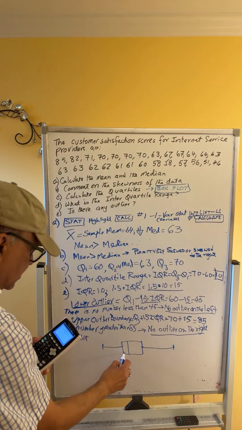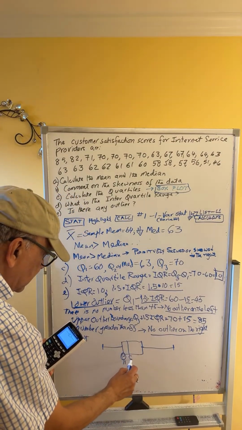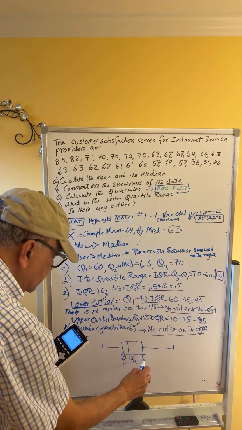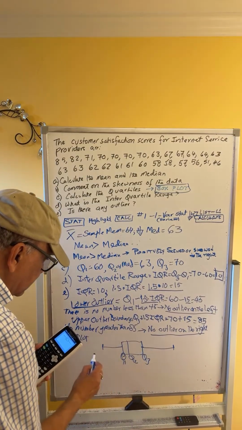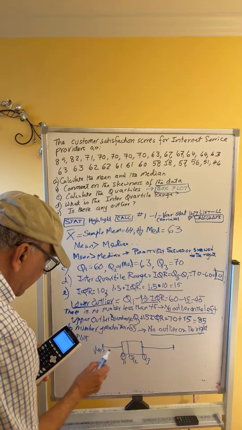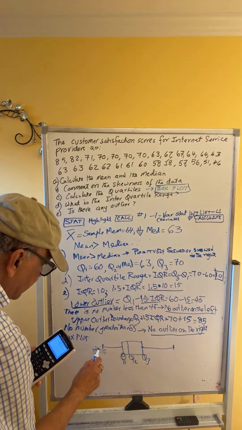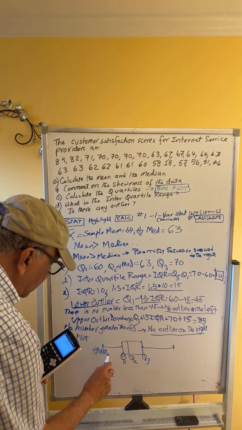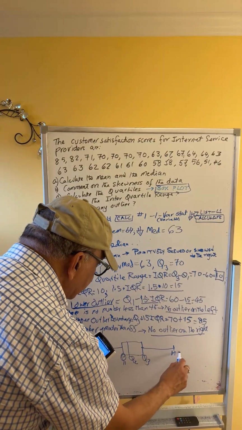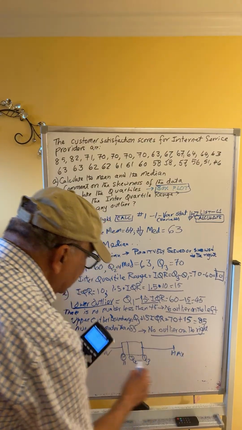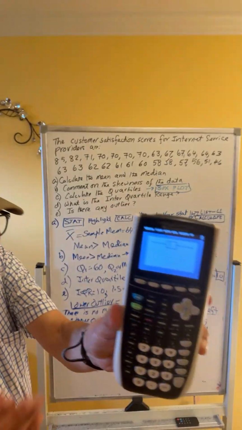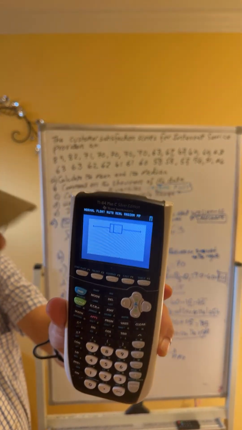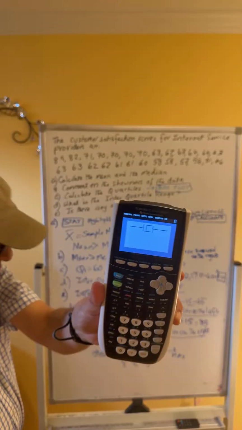Okay, so this is the Q1, this is the Q2, this is the Q3, this is the minimum, and this is the maximum. Notice the Q2, the vertical line inside the box, is closer to Q1 than Q3.